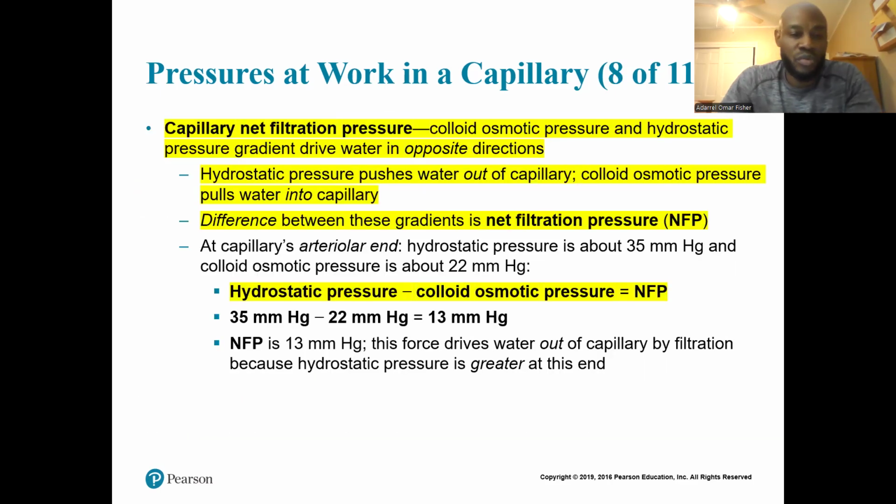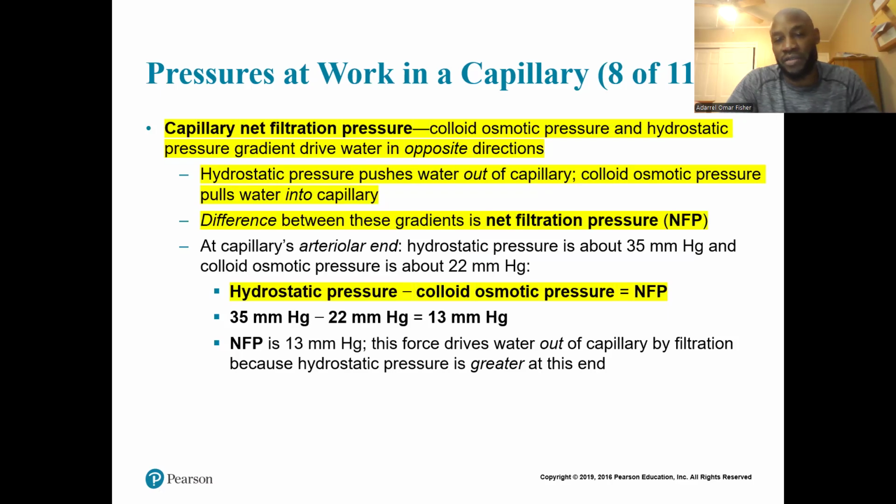And so that's what we call the capillary net filtration pressure. The colloid osmotic pressure and hydrostatic pressure gradient work in opposite directions. Hydrostatic pressure pushes water out. Colloid osmotic pulls it in.